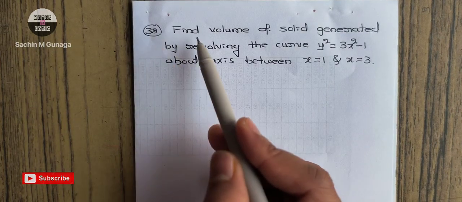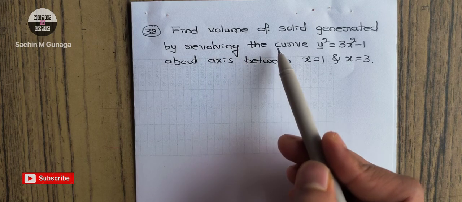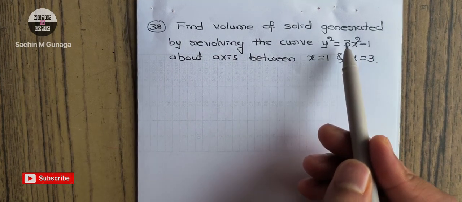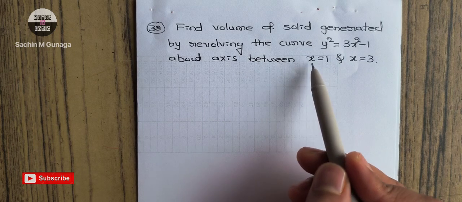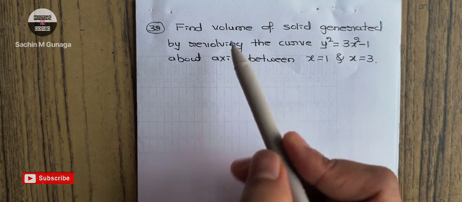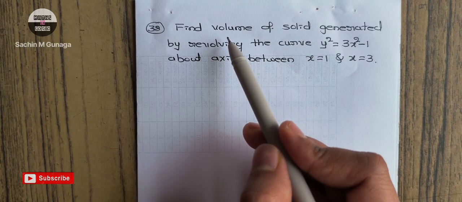Next, question number 38. Find the volume of a solid generated by revolving the curve y square is equal to 3x square minus 1 about the x axis between x is equal to 1 and x is equal to 3. Here we need the value of what? Volume.